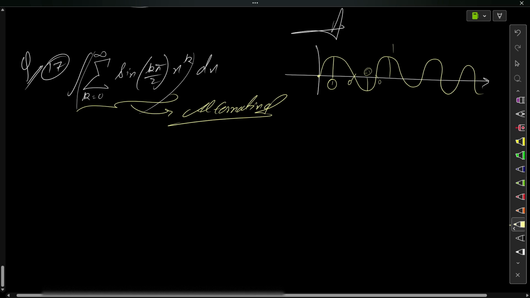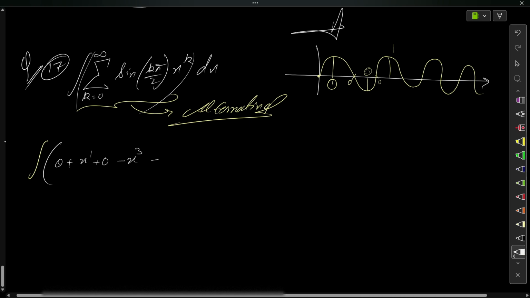So this could be written as the integral. Now I am opening the summation. Initially sine of 0 is 0, so 0 plus sine of pi by 2, that is 1, so x to the power of 1, plus sine of pi, that is 0, plus sine of 3 pi by 2, that is minus x to the power of 3.